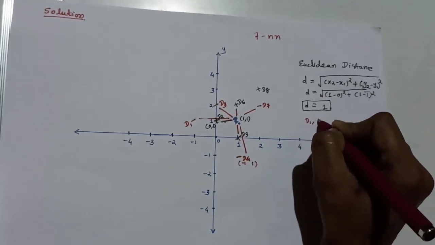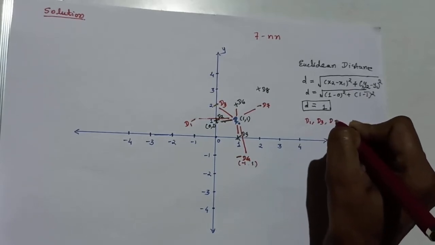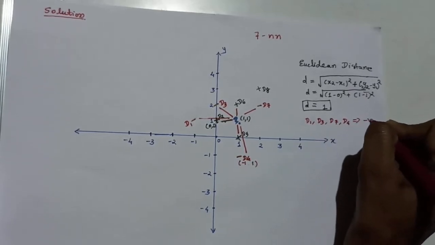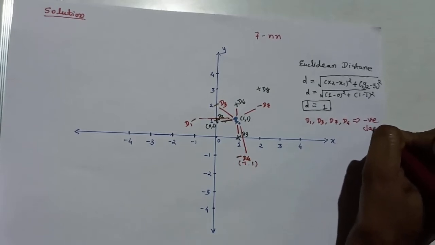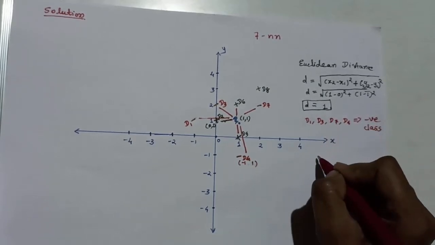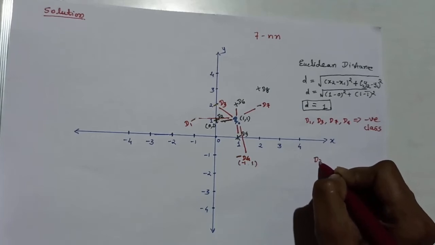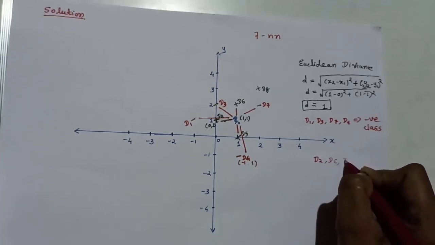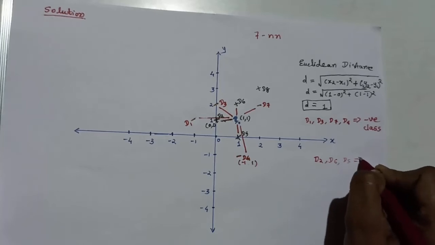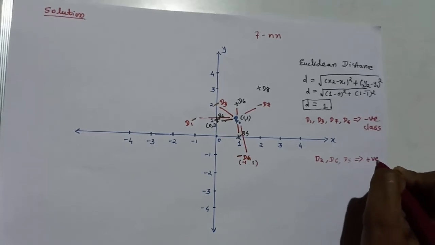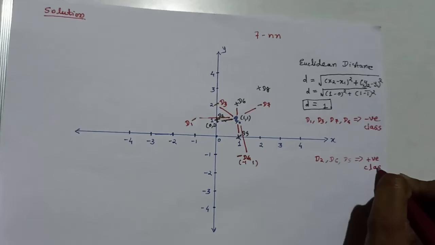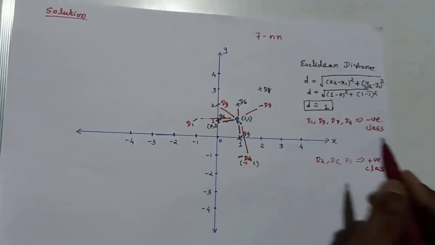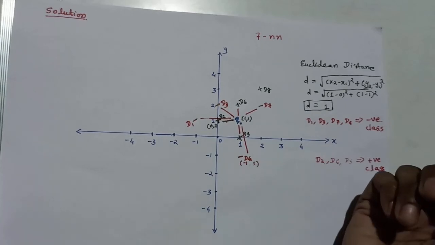D1, D3, D7 and D4 belong to the negative class, and D2, D6 and D5 belong to the positive class. So we can say that this test data point will also belong to the negative class.